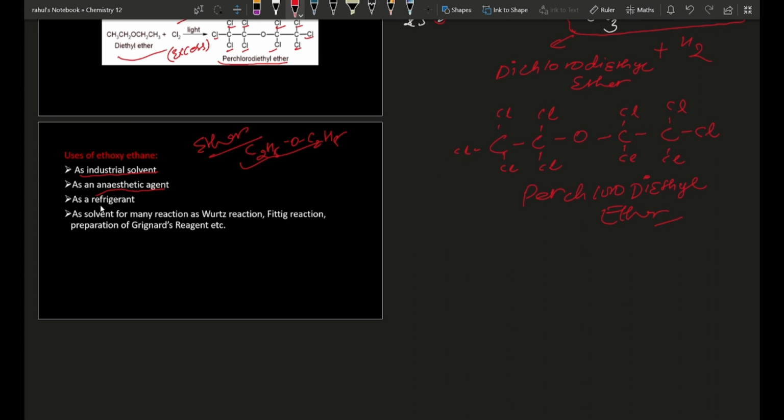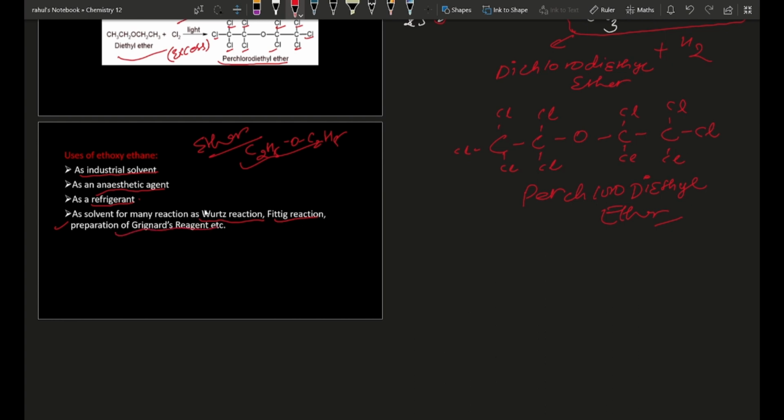The next is refrigerant, we can use it in the refrigeration cycle to cool. And the next is it is used as a solvent for many reactions such as Wurtz reaction, Fittig reaction, or the preparation of Grignard reagent.